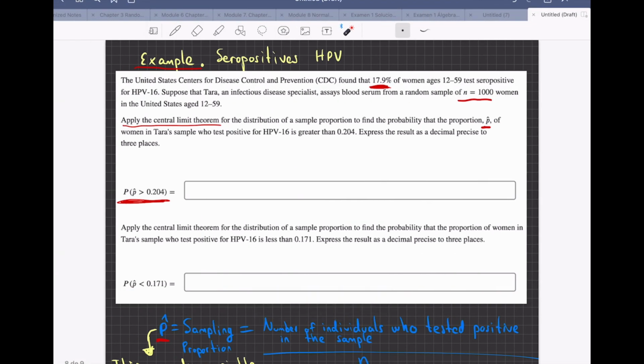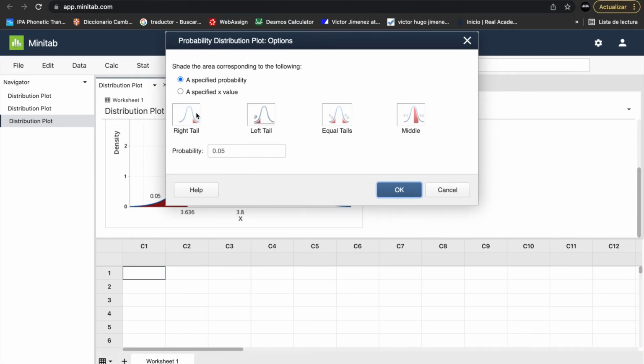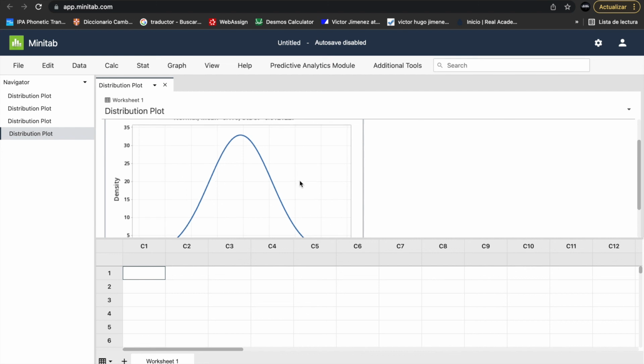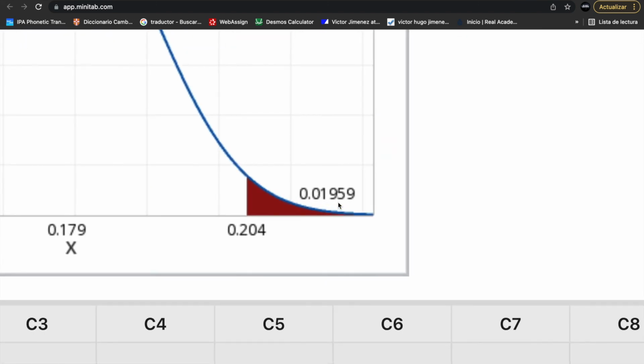Notice it says p hat greater, so it has to be to the right. So you will have to use a right tail, and you need to specify the X value. The value is 0.204. And then OK, and then OK. And this is the probability we're looking for, 0.01959.